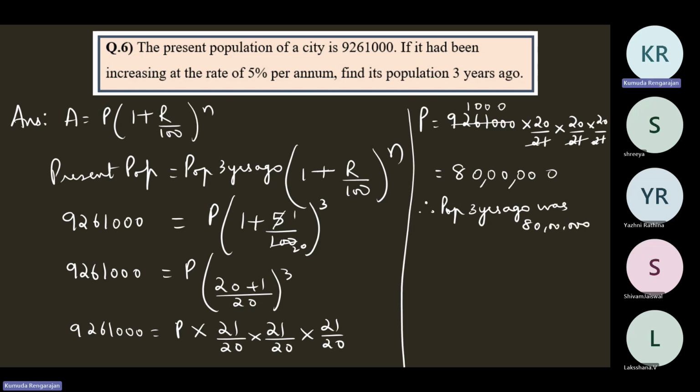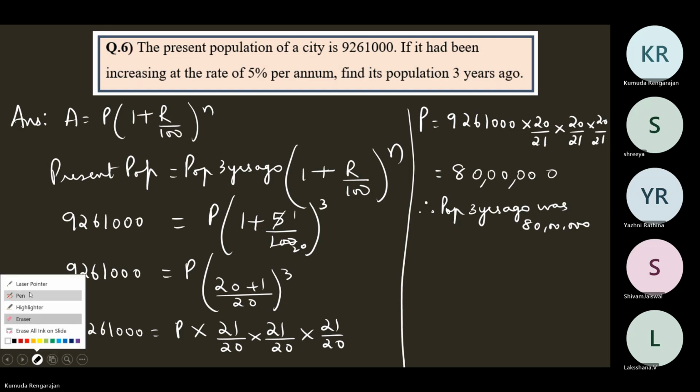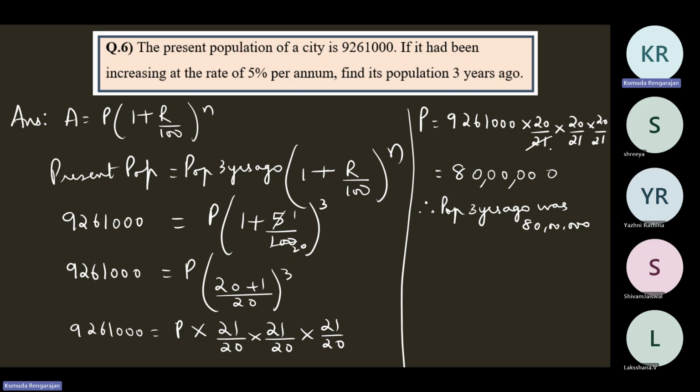21 into 21 into 21 is 9261. See, you can cancel like this. So 21 ones are 21, will be 441,000.